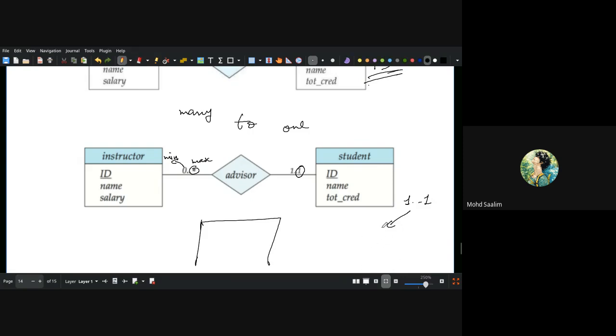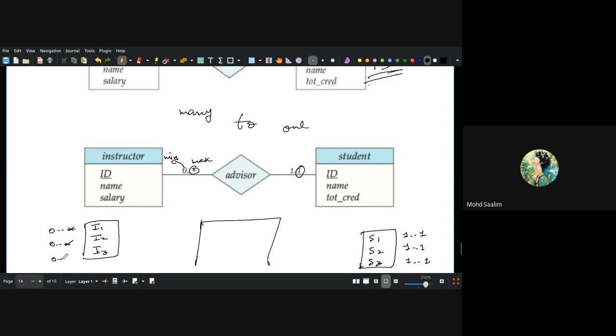So for example, if I have students S1, S2, and S3, this 1..1 condition is being applied to all three of them. And in the same way, if I have three instructors, I1, I2, and I3, then this 0..star condition is being applied to every single row separately. Why did I mention it? Why is it important? Let's understand.